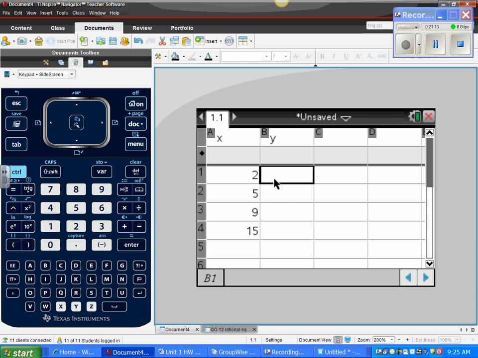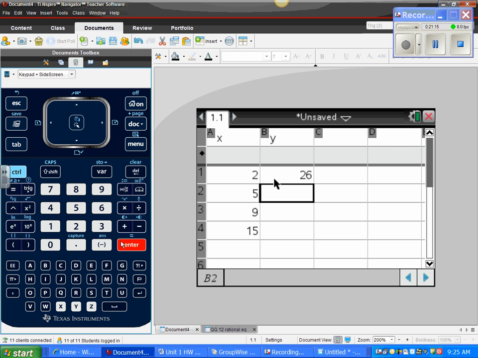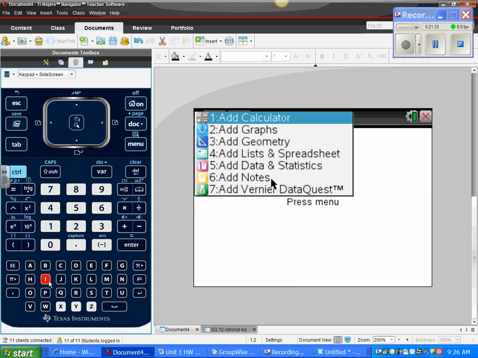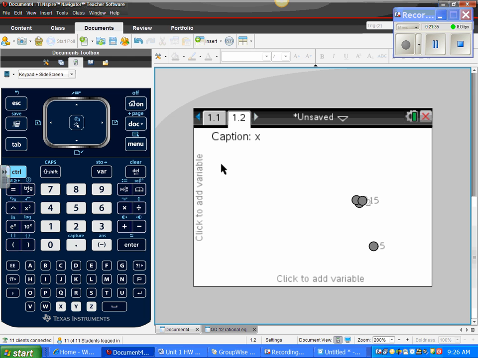And we put in our data values there. 26, 17, 12, and 4. Okay. Now what? New page. What are you going to insert? Good. So Control I, add data and statistics.